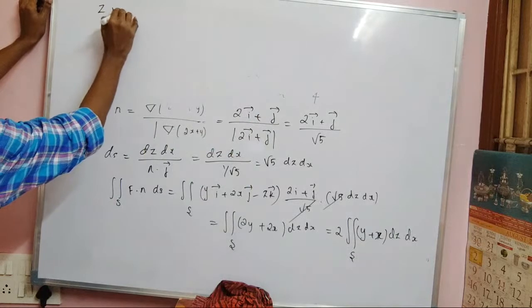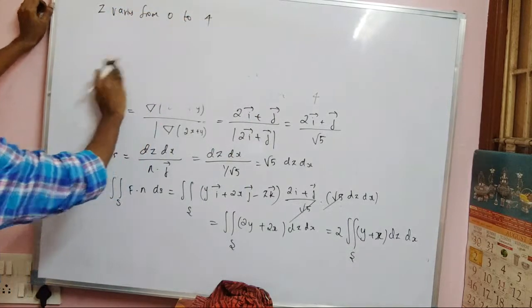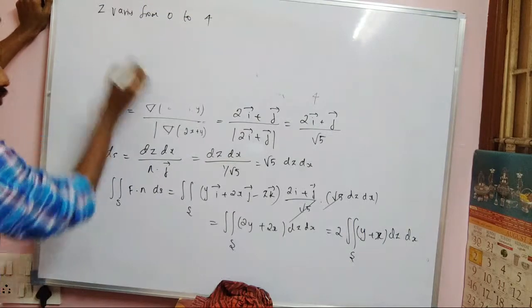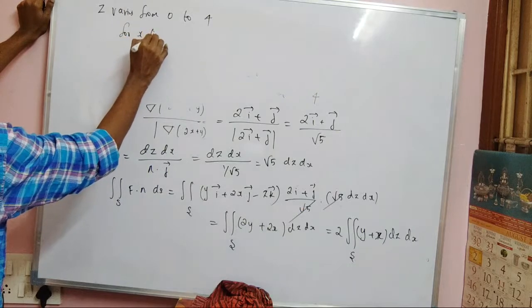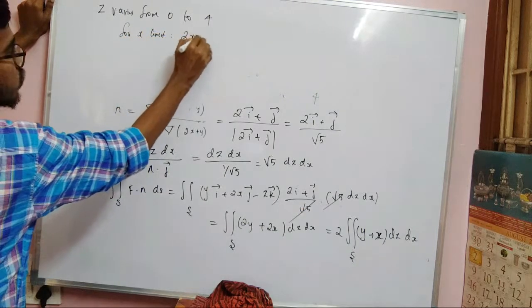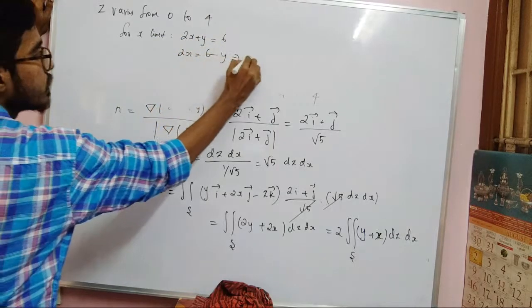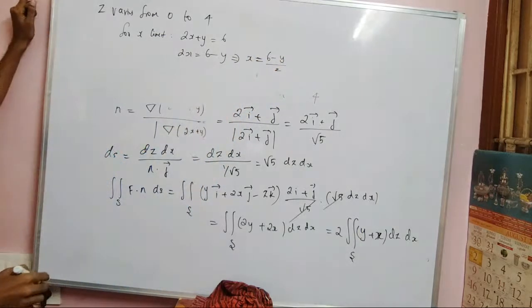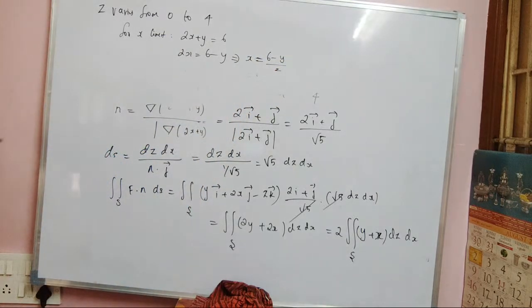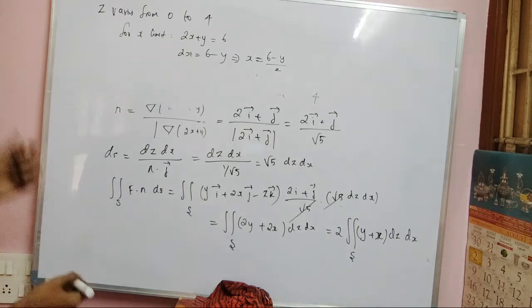So z varies from 0 to 4, and to find y we need to find the x limit. For the x limit, it is given that 2x plus y is equal to 6, that means 2x is equal to 6 minus y, so x is equal to 6 minus y by 2.